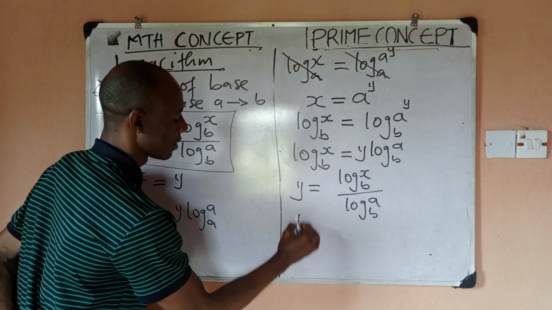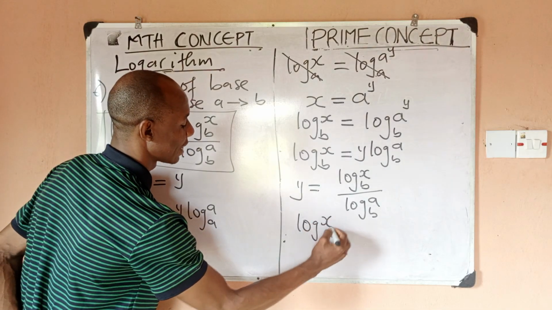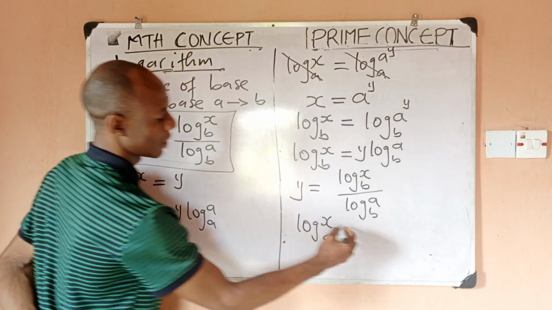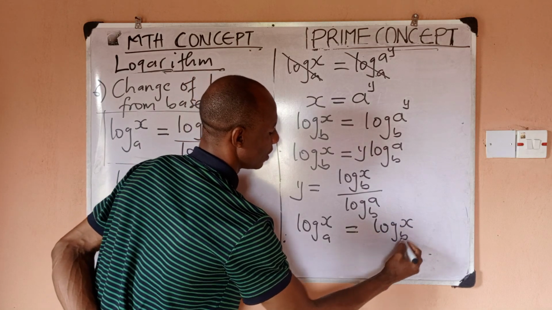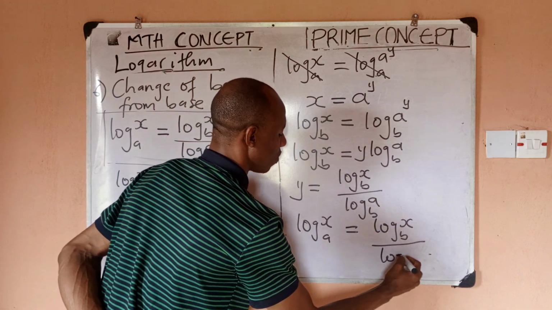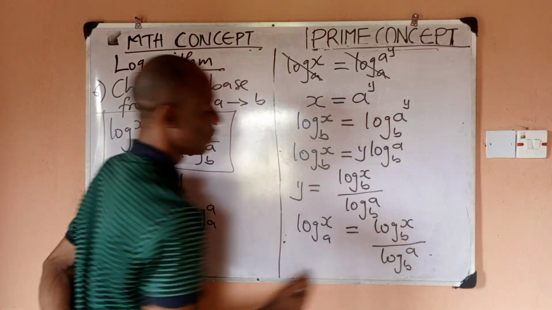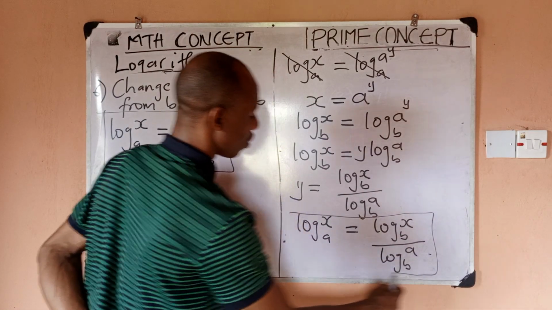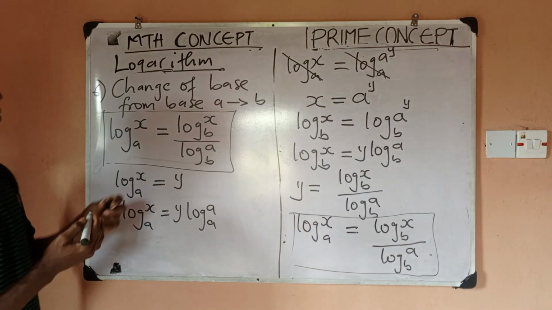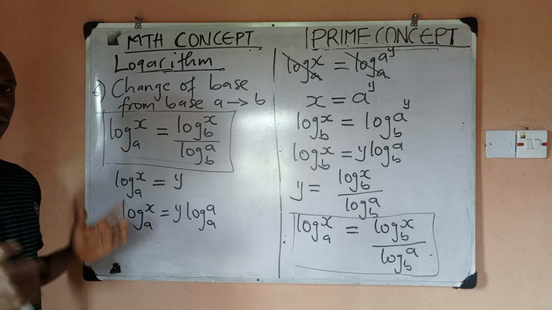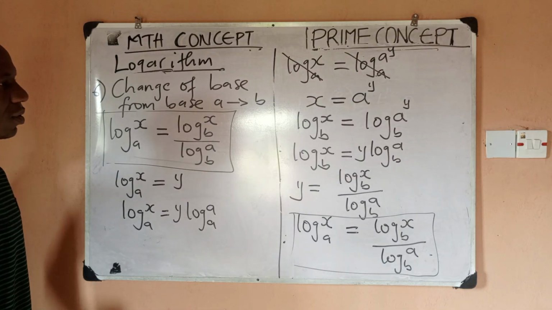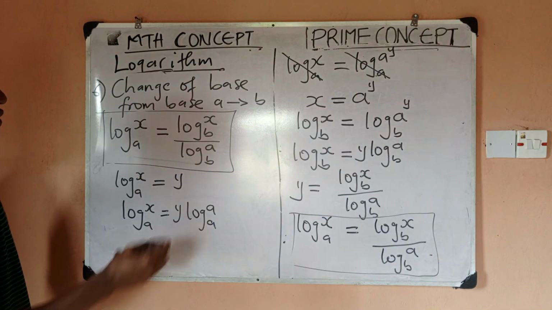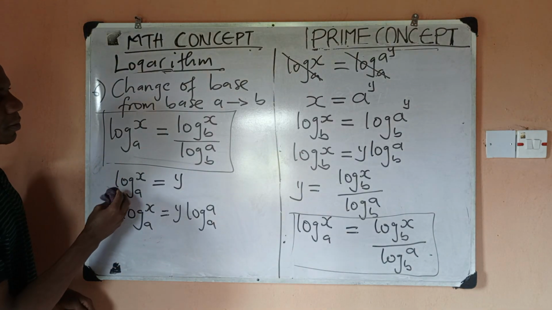So I can write that y, which is log x base A, is now equal to log x base B divided by log what now? A base B. So we've been able to show or prove that the change of base rule is true. So it's very simple.